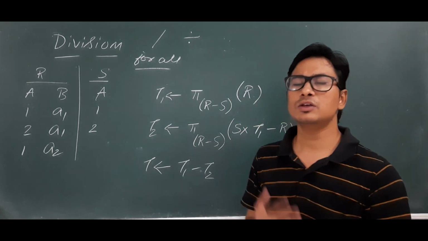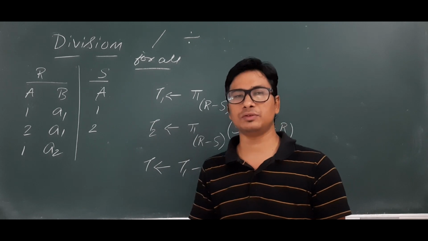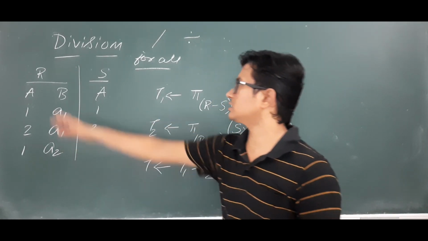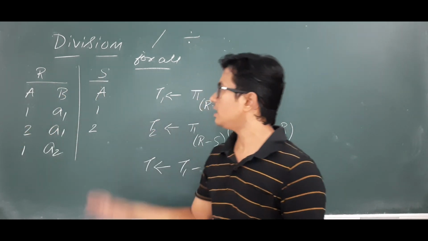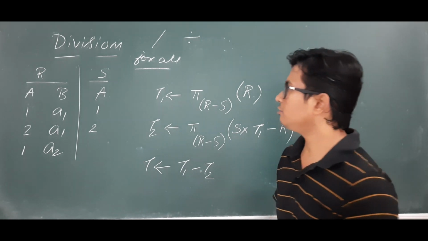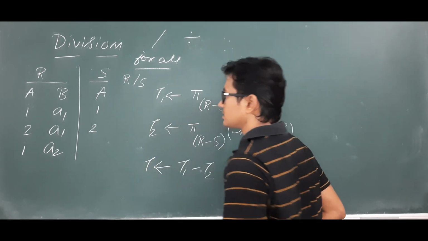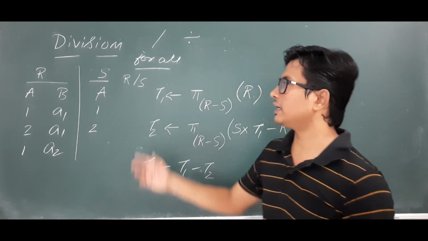Many times people will ask for "for all" queries, and there you should apply the division operator. For a better understanding, I have taken two relations R and S with some attributes and some tuples, and I want to apply the division operator between R and S, that is R divided by S. What attributes will you get in the output?